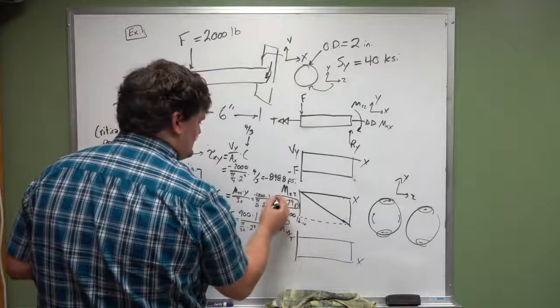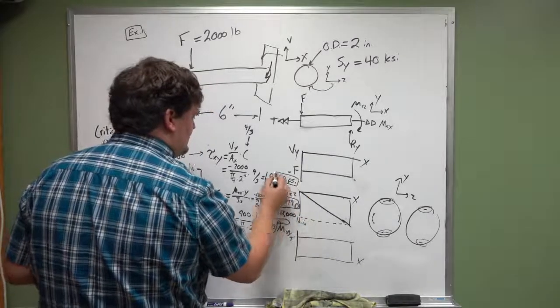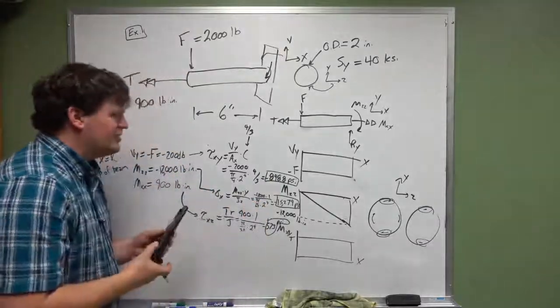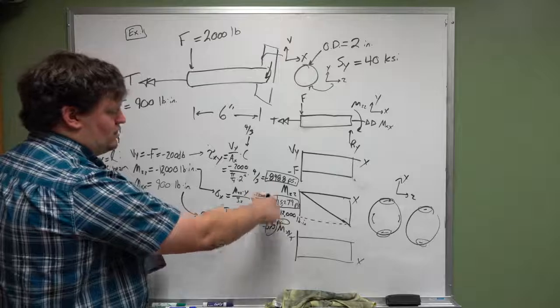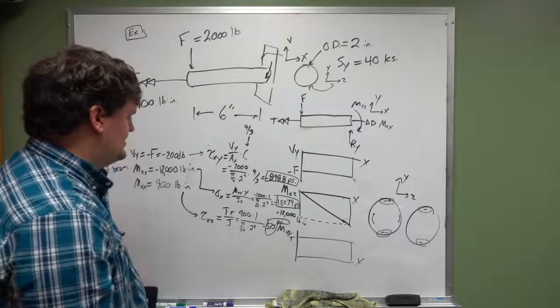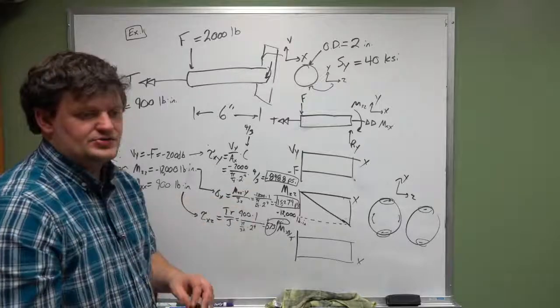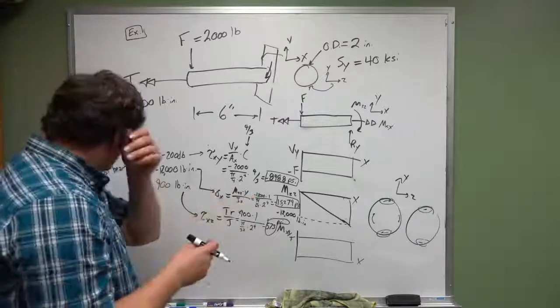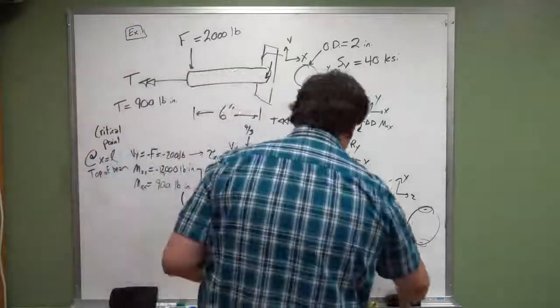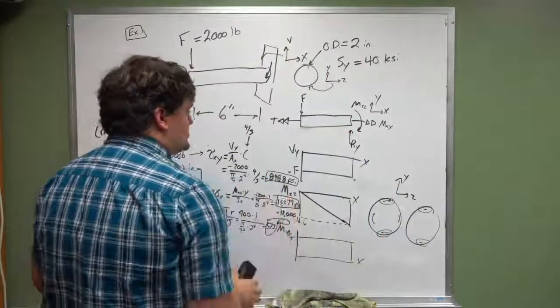Okay, so 573 psi, negative 15,000 psi, and then negative 848 psi. We can already see that there's one order of magnitude difference between the bending stress and either of these other two stresses, but we're still going to calculate them. We're going to consider that all of the stresses are valid.